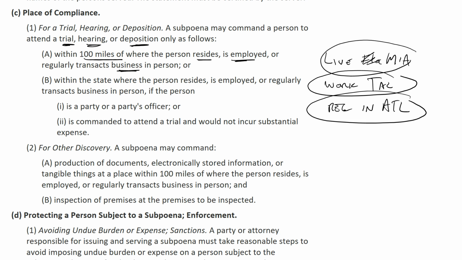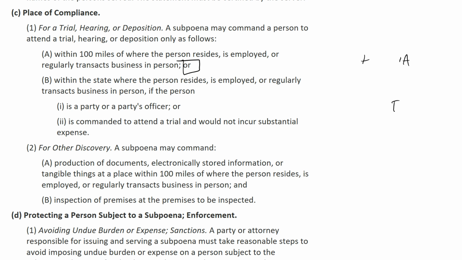And there's a 100-mile bubble around each of these places where I can be forced to attend trial, hearing, or deposition. Also, I can be forced to go anywhere within a state where I reside, or am employed, or regularly transact business in person. So say the suit is in, here's California, really bad picture of California, right? Say I live, work, and do business down here in San Diego in Southern California, but the lawsuit is up here in Northern California.